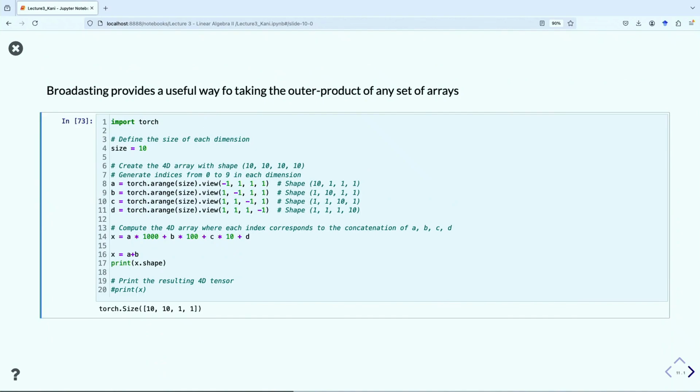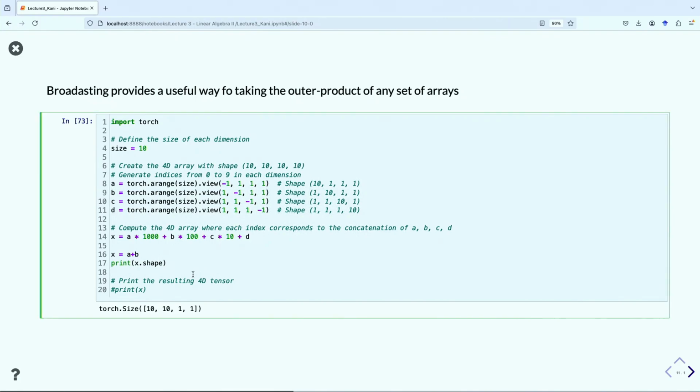So when we add A plus B, that's going to stretch both A and B. It's going to stretch A along dimension 1, and it's going to stretch B along dimension 0, resulting in a 10 by 10 by 1 by 1 tensor.